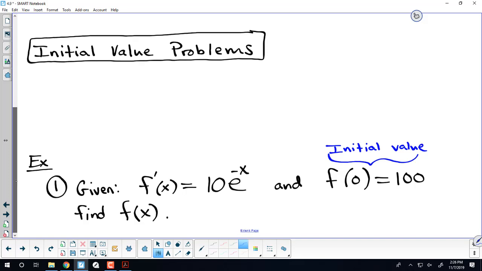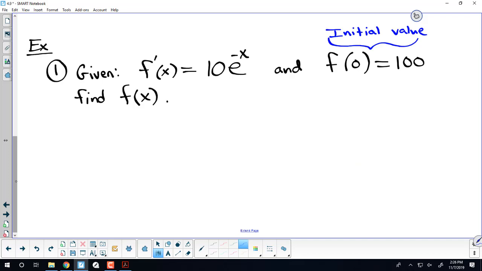With that, we're able to find the function that satisfies that the derivative is 10 e to the negative x, and if we plug 0 into that particular function, we'll get 100 out of it. So how would we figure out what f of x is if we're given f prime? Antiderivative? Right, yeah, if someone gives me the derivative, as they've done here, to get back to the original function, I just find the antiderivative.